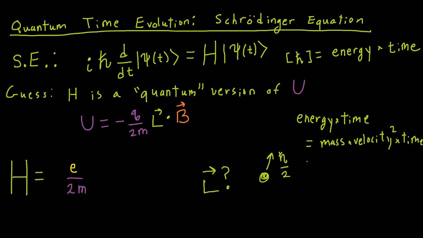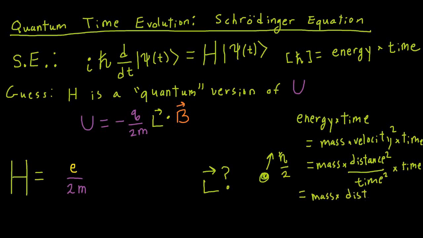So we can break this down even further to be mass times distance squared over time squared, and then times time. And then here the times cancel out, so this can be rewritten as mass times distance over time, and then times distance. Just rewrote it a little bit differently.